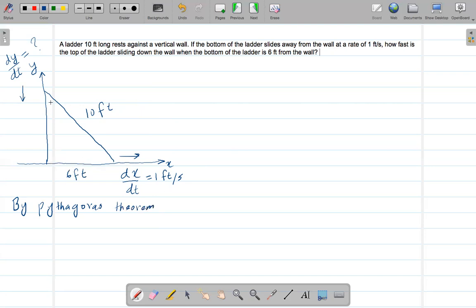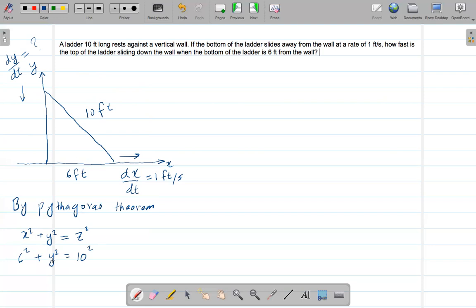If this is x, this is y, and let's assume this is z, we can say that x squared plus y squared equals z squared. So x squared here is 6 squared plus y squared, we don't know y, and we know g squared is 10 squared.